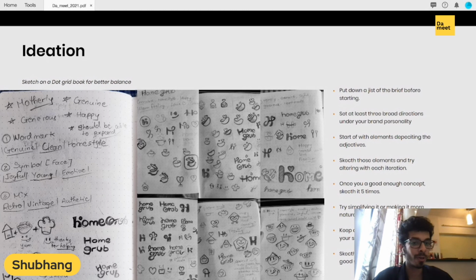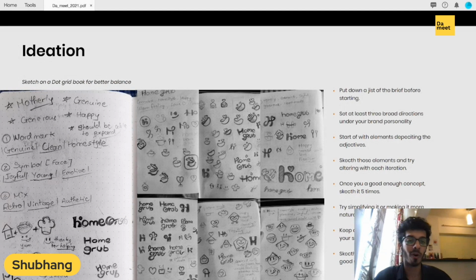So I've actually noted these pointers down to showcase the process of how I do it. Firstly, I put down a gist of the brief before I start. For example, in the first image, the biggest image which you can see, I have put down some personality pointers. For example, motherly, genuine, generous, happy, should be expandable.